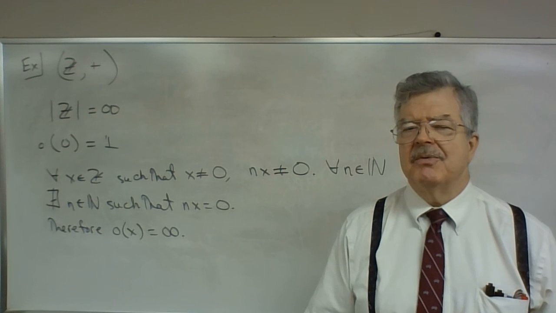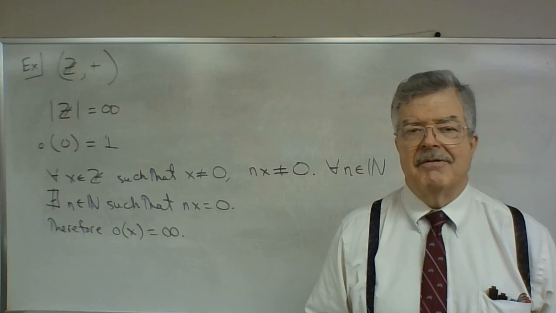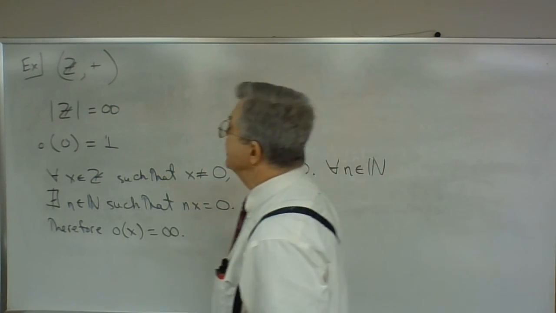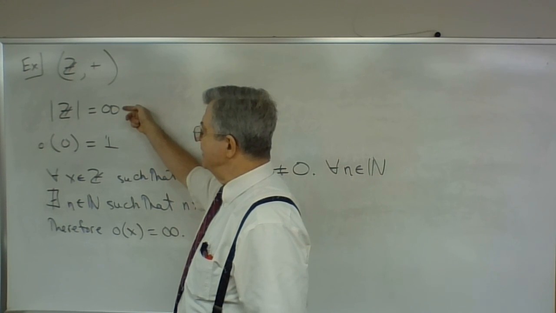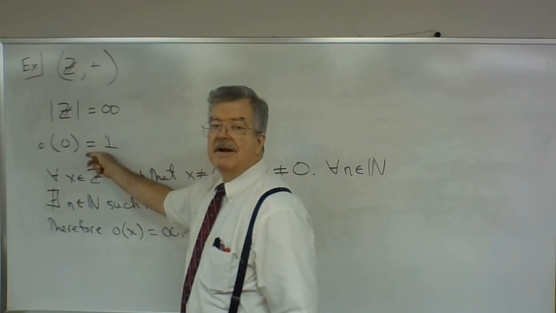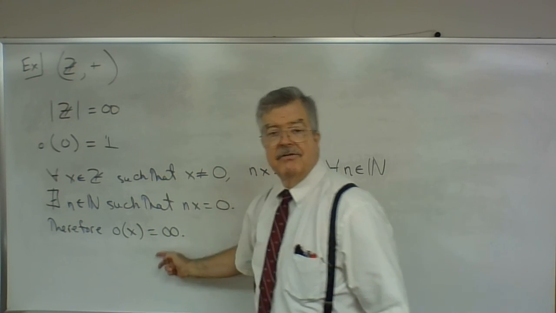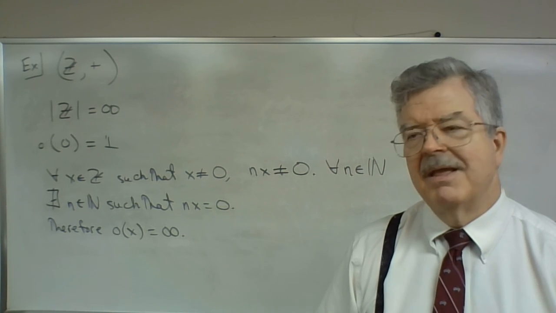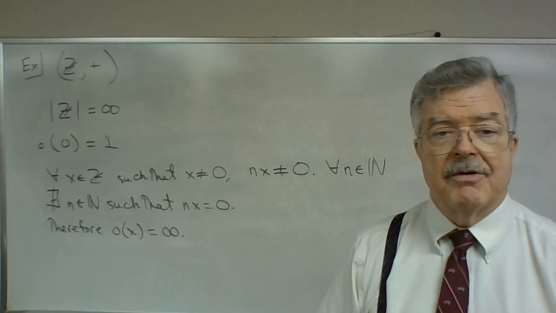So we can add x to itself infinitely many times and never, ever get 0 along the way. So in this set, the integers under addition, the order of the group is infinity. The order of the identity is 1. But the order of every other element is infinity. So this is a case where we have an infinite set and the elements in it, all of them, have order infinity.